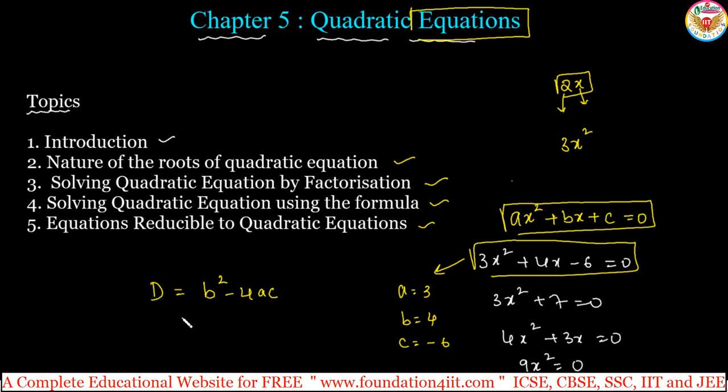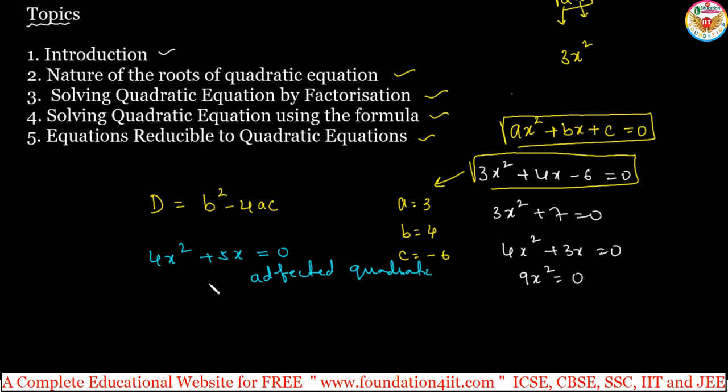If any quadratic equation contains only two terms, one squared term and one first power term, like 4x square plus 5x is equal to 0, that means there is no constant term. This type of example is an affected quadratic equation. And one more: just an x squared term and a constant, no x term.